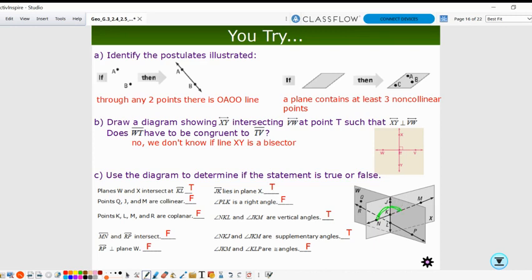They sure make a linear pair. And then we have angle JKM and KLP are congruent angles. We just don't have enough to prove that they're congruent.